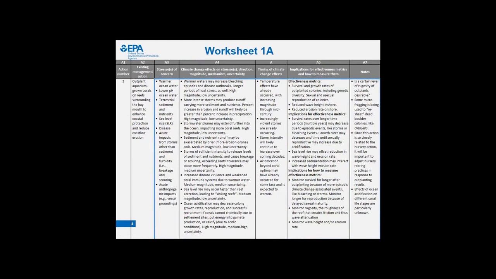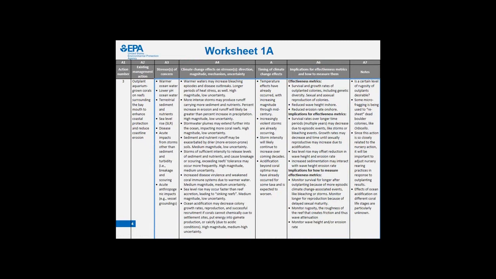So more intense storms may produce runoff carrying more sediment and nutrients. The percent increase in erosion and runoff may actually be quite a lot larger than the percent increase in precipitation. So this is not a one-to-one relationship. A little bit more precipitation can cause quite a bit more erosion and runoff.